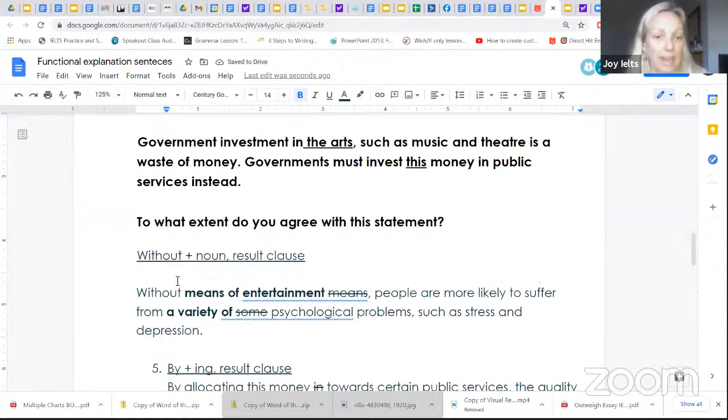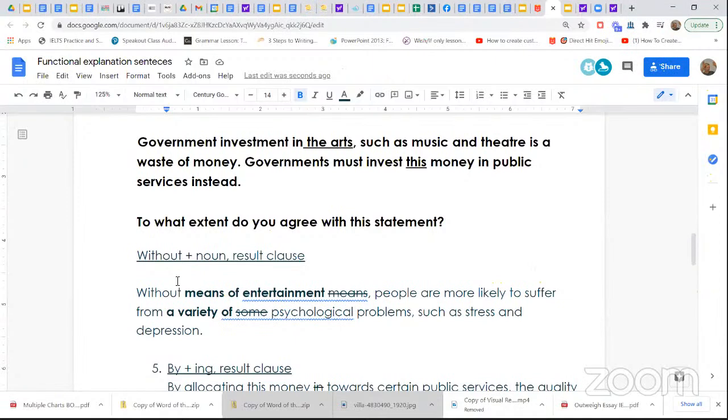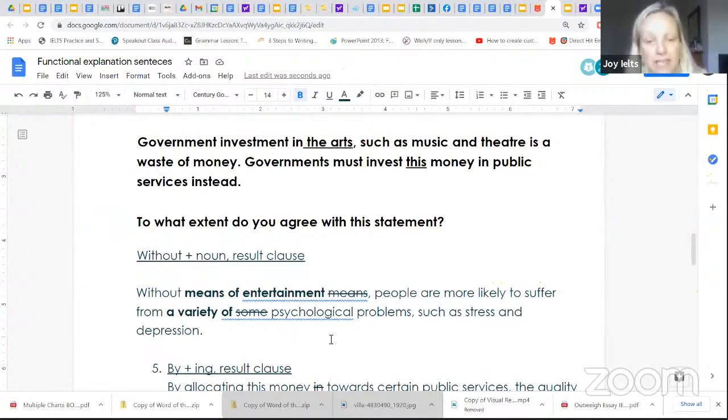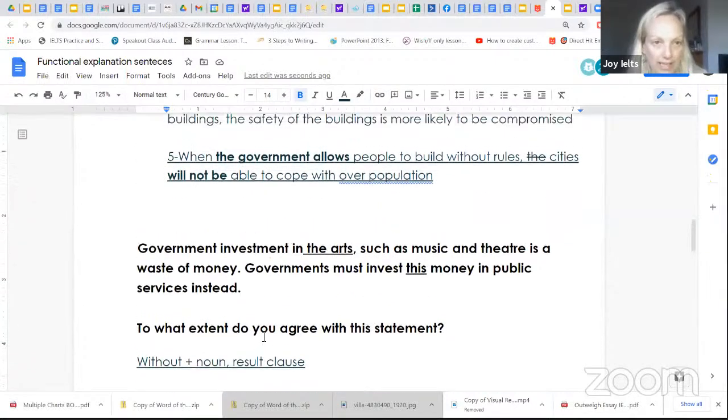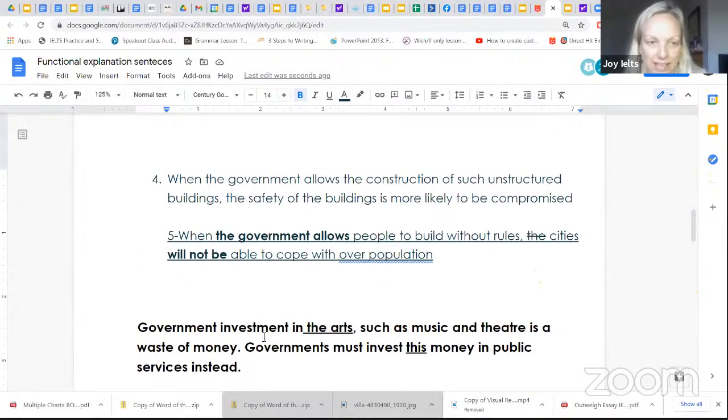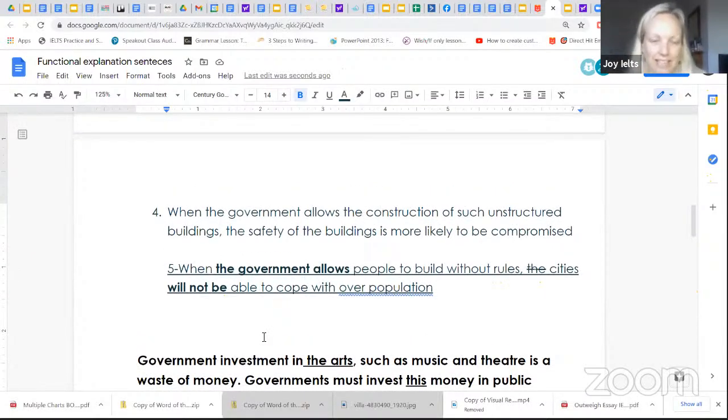And then without means of entertainment, people are more likely to suffer from a variety of psychological problems such as stress and depression. So lessons today, we avoid the word some. Try not to use some. It's always used inaccurately. It doesn't usually suit an academic essay because it's not exact.